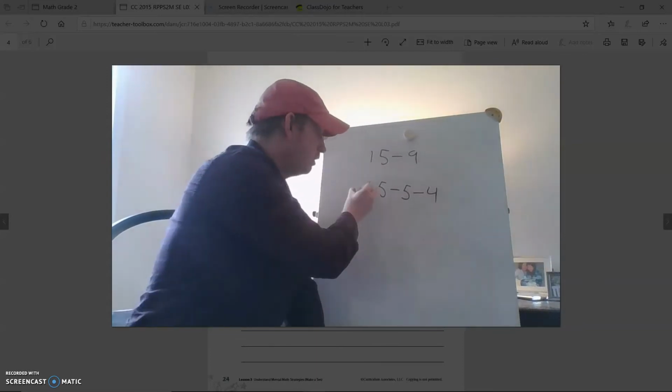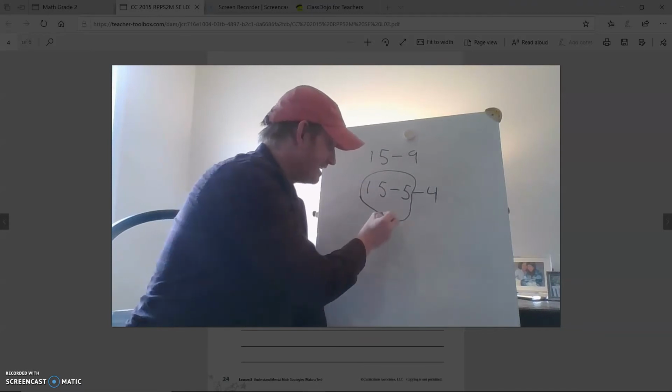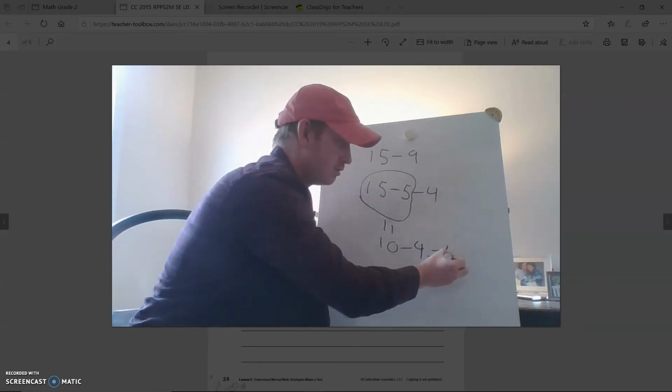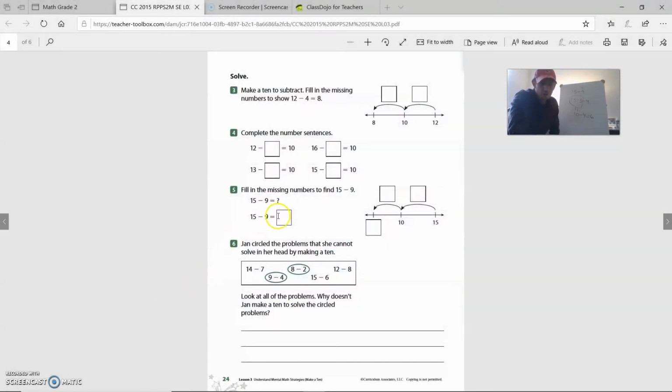And then I would know that 15 minus 5 is the same as 10. 10 minus 4, we can all do. That's 6. So our answer for 15 minus 9 is 6.